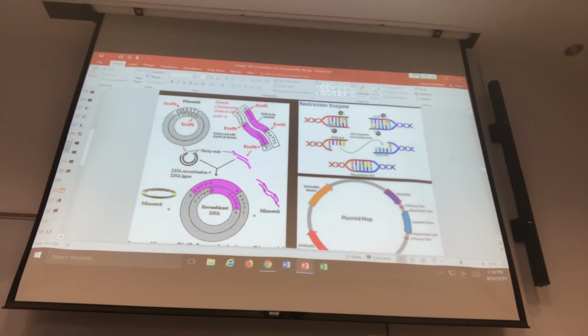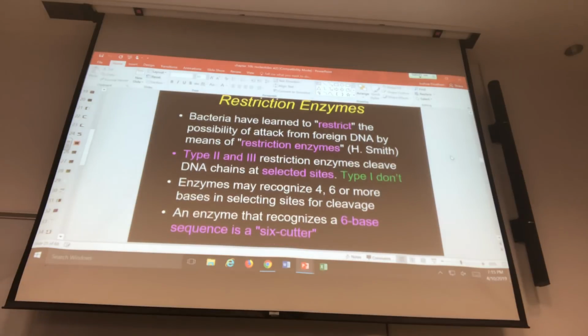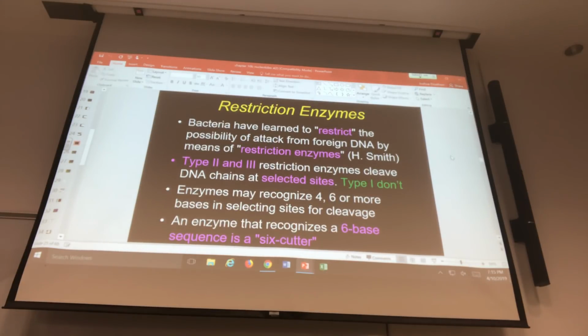Other general information that's important is here, the general information of type 2 versus type 3 and type 1 restriction enzymes. It's kind of given to you right here, so I'm not going to go over it in detail, but be able to, in a multiple choice version, tell the difference between them.